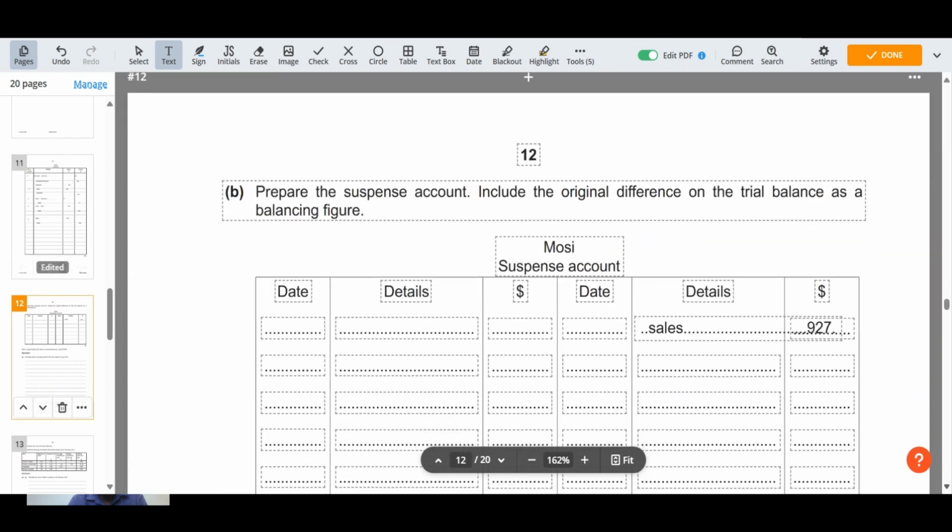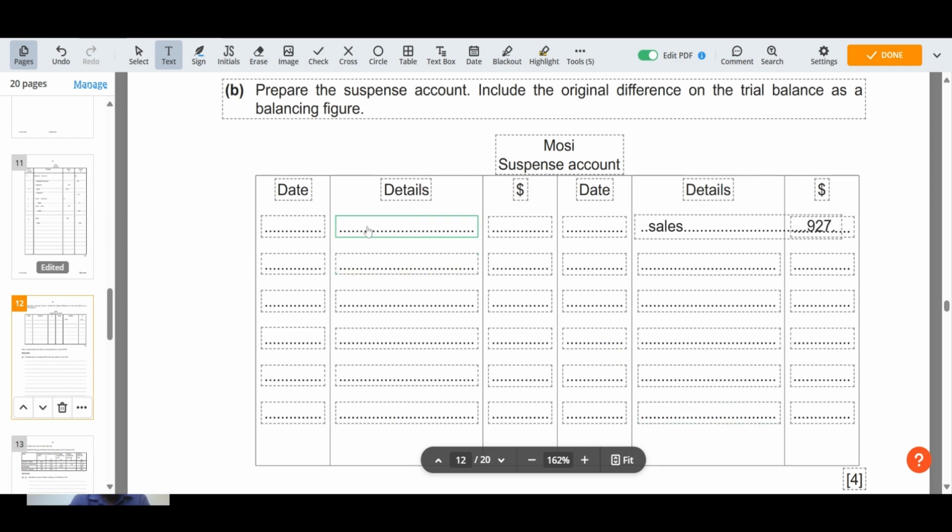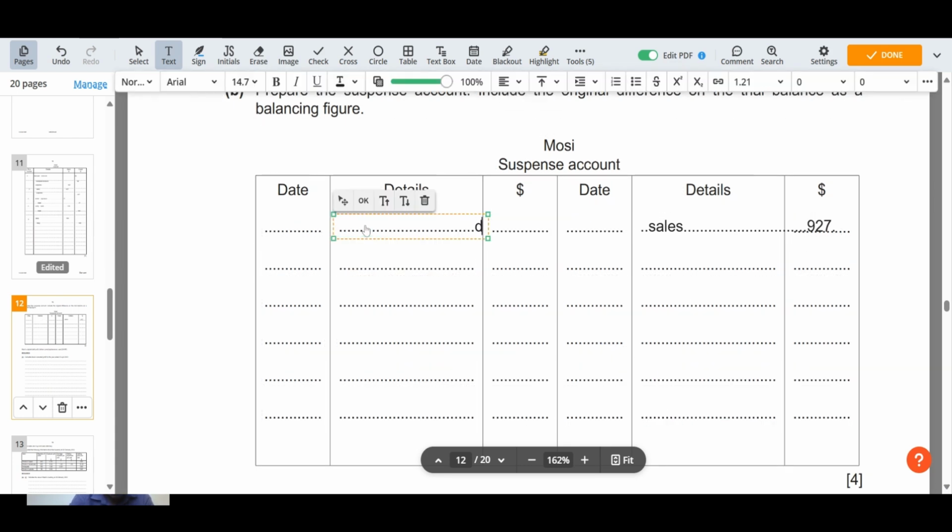So we go to the debit side of our suspense account. So we're going to have discount received here. And we also have commission received again on the same side. So we have commission received. All these are basically how much?